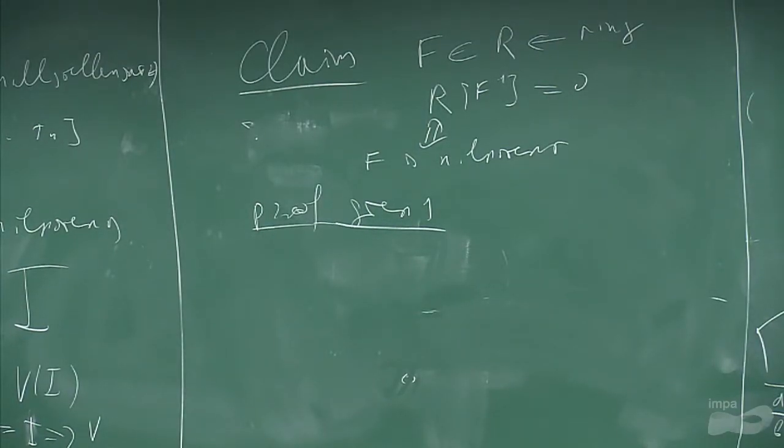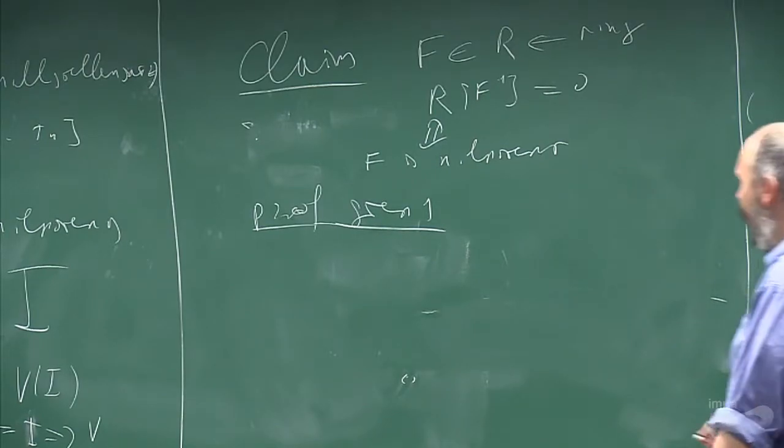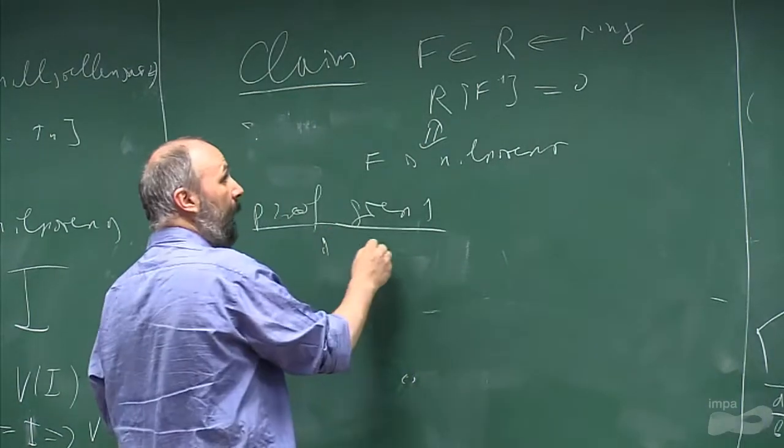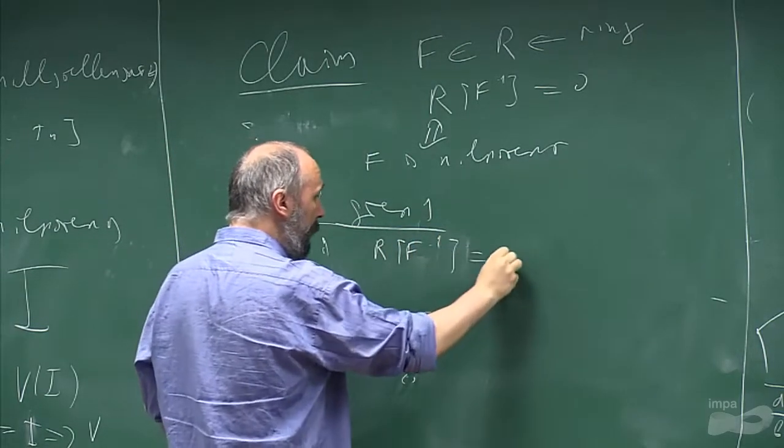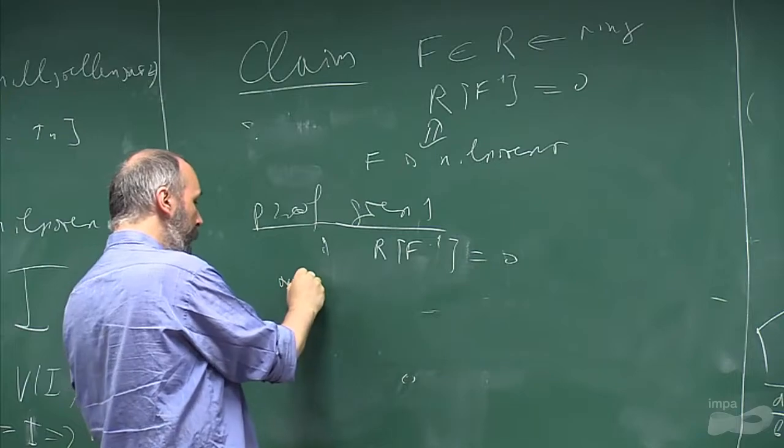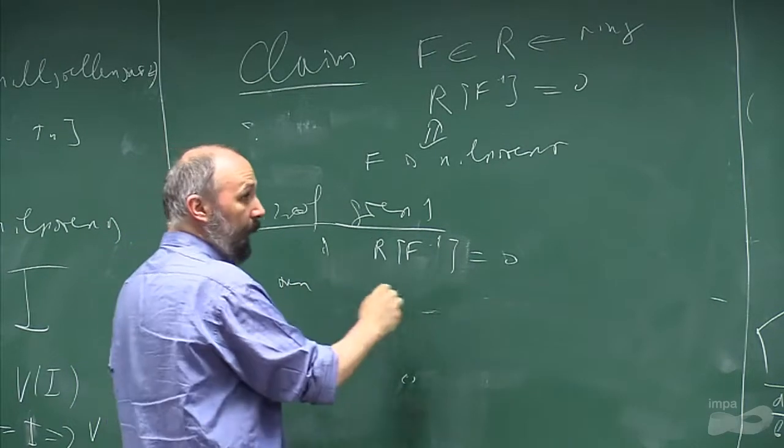And since 1 is equal 0, this means that if this ring R of f minus 1 is 0, then you have the only relation.